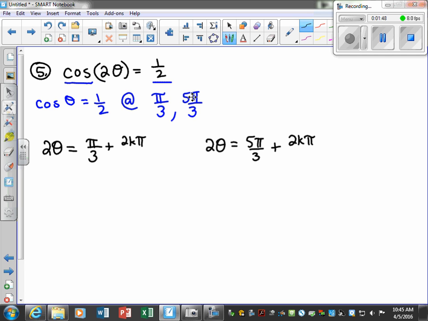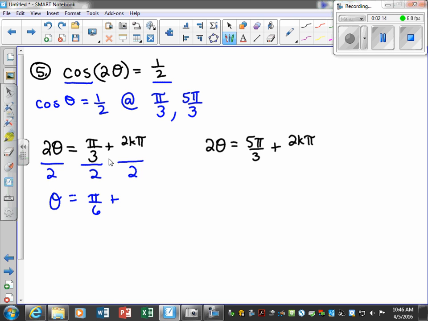Alright, so now we're going to work on solving this. How do we get theta by ourselves here? Divide everything by 2. Good. That gives us theta is equal to pi over 3 divided by 2, which is the same as multiplying by 1/2, so pi over 6.